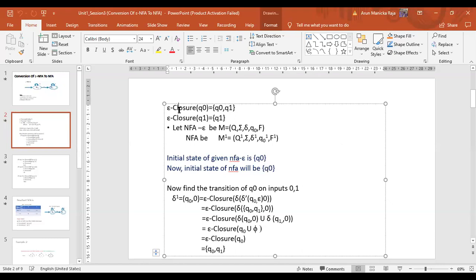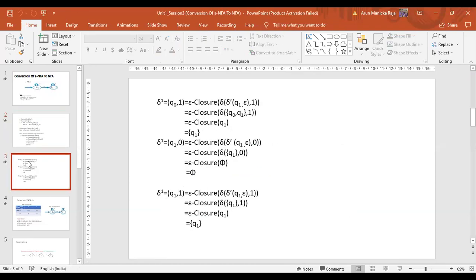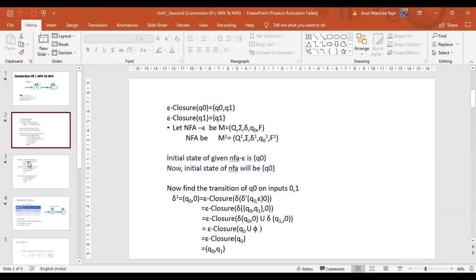In the previous case we did not mention the epsilon closure. Here we are talking about epsilon closure, and everything we do is based on the epsilon closure only. So we find the transition for all the states with all the inputs. Here there is no need to name any new state as A, B, C like that. We don't need to give any name to the transition.